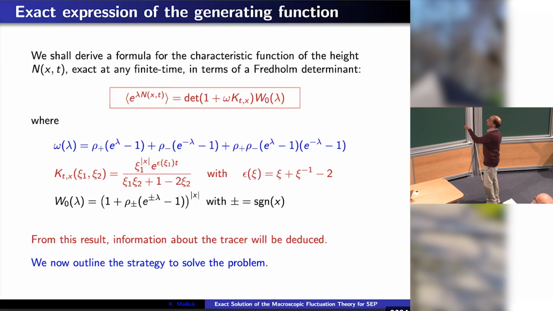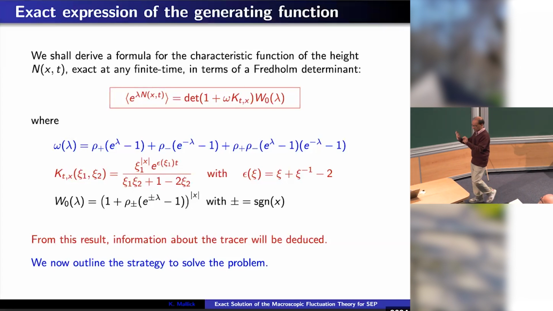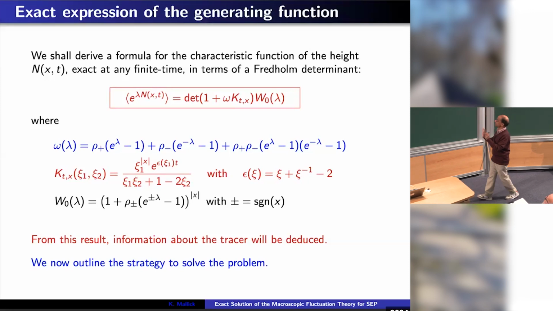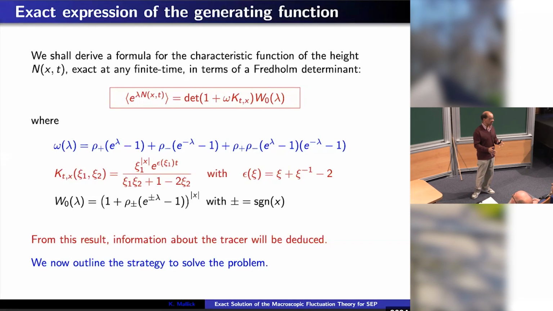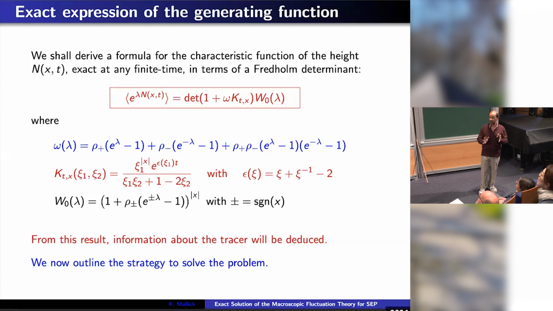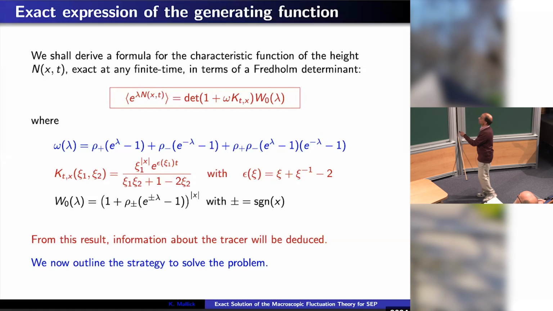The characteristic function of exponential lambda of this height n(x,t) at point x at time t, at any finite value of x and any finite value of time, there is no asymptotics here, is given essentially by a Fredholm determinant times some multiplicative function. So that's an exact result, and I think it's even mathematically kosher. It's published in CMP, and there are proofs.